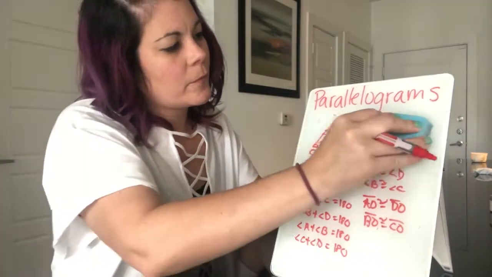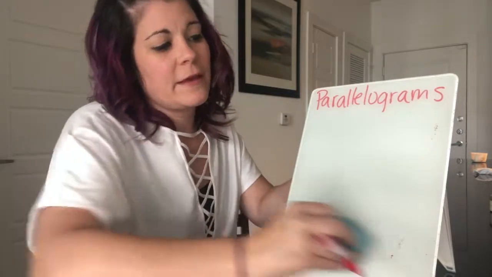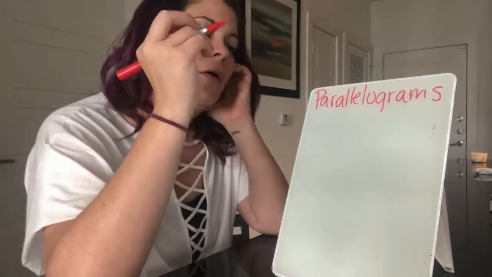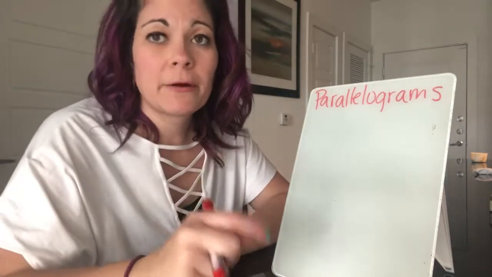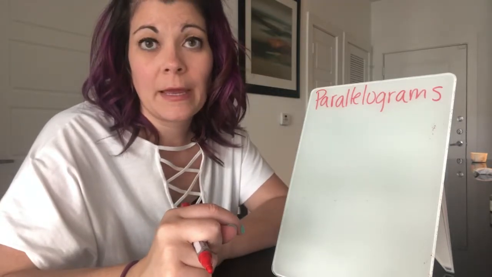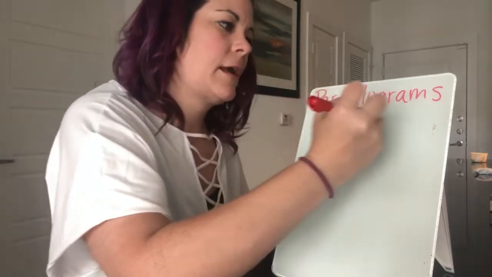You could check the properties, but if this one thing is true, then it is a parallelogram and those properties apply. If opposite sides are parallel, then it is a parallelogram.